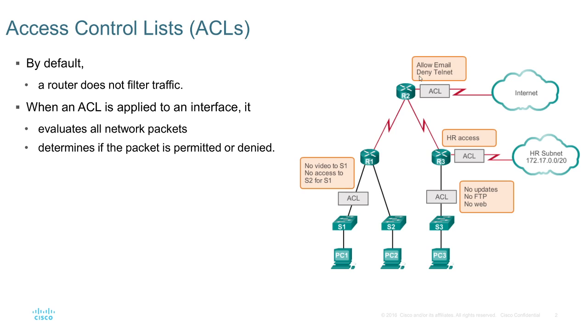So for example, if we have some devices connected to S1 and some devices connected to S2, then we can have certain control, such as no access to S2 for S1.